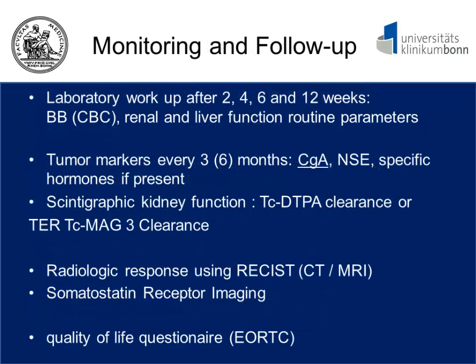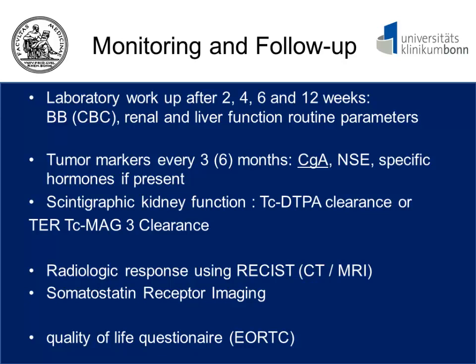You have to monitor the patients, especially laboratory workup after 2, 4, 6, and 12 weeks, and tumor markers every 3 or 6 months: chromogranin A, NSE, and specific hormones if present.